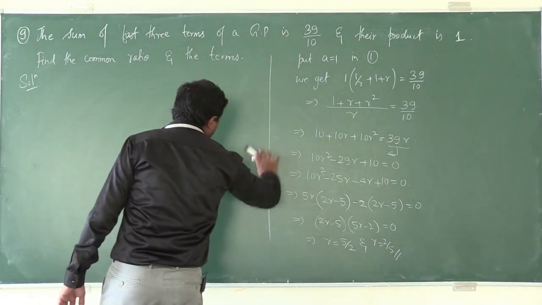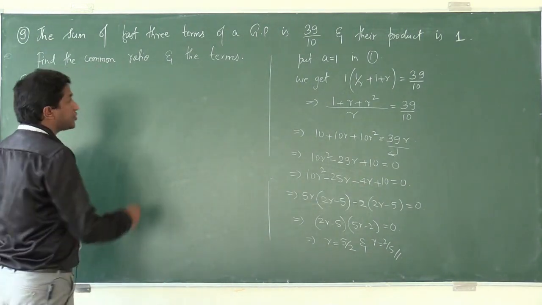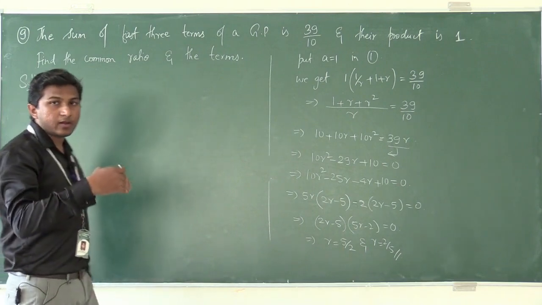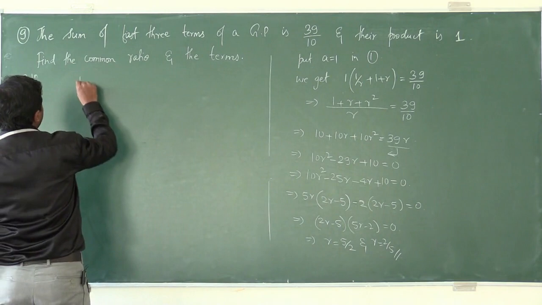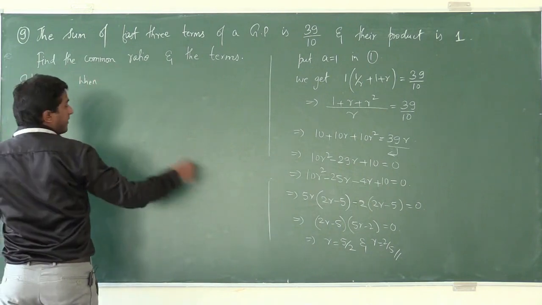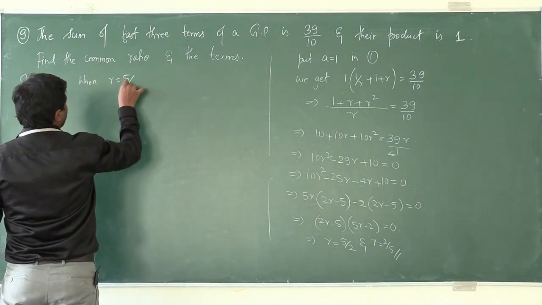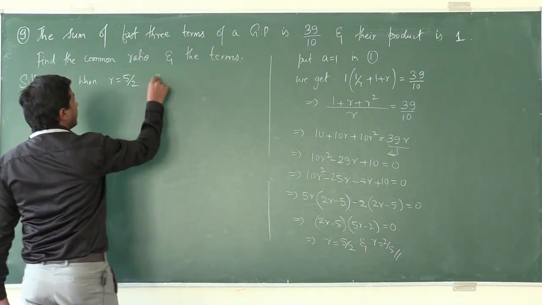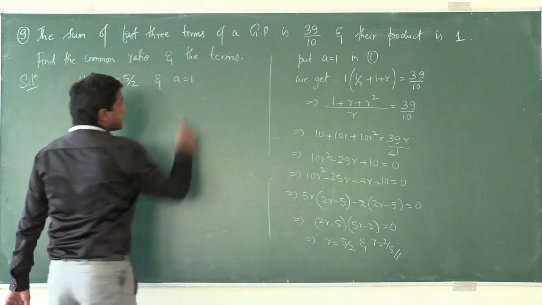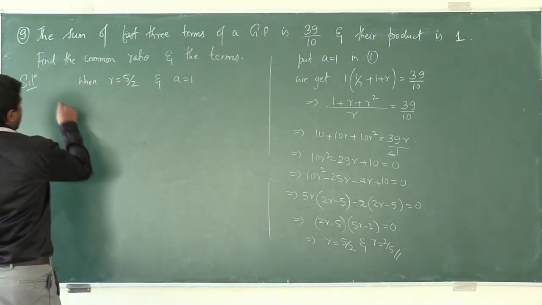What were the terms of the GP? The terms of the GP were a by r, a and ar, right? So when the value of r is 5 by 2 and the value of a is 1, what is the GP?